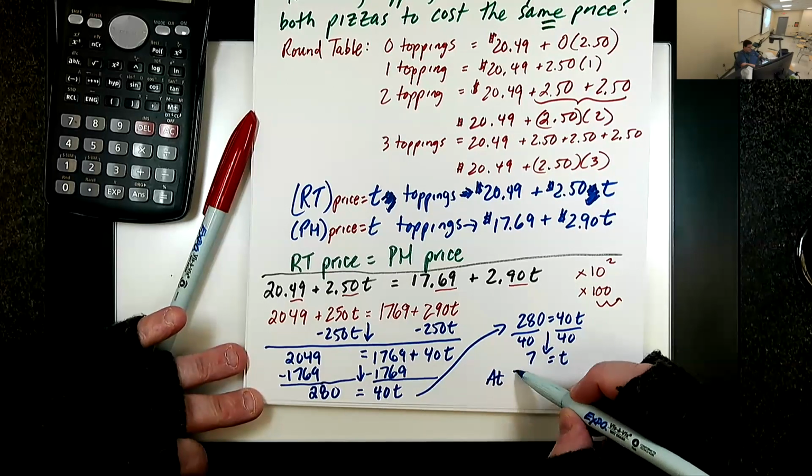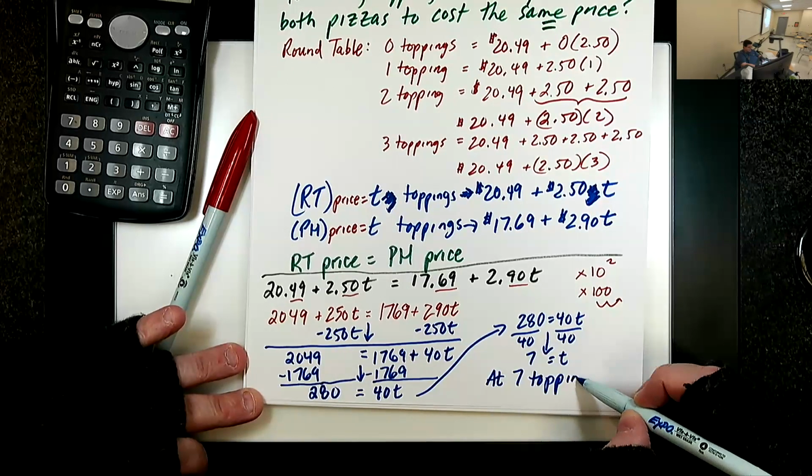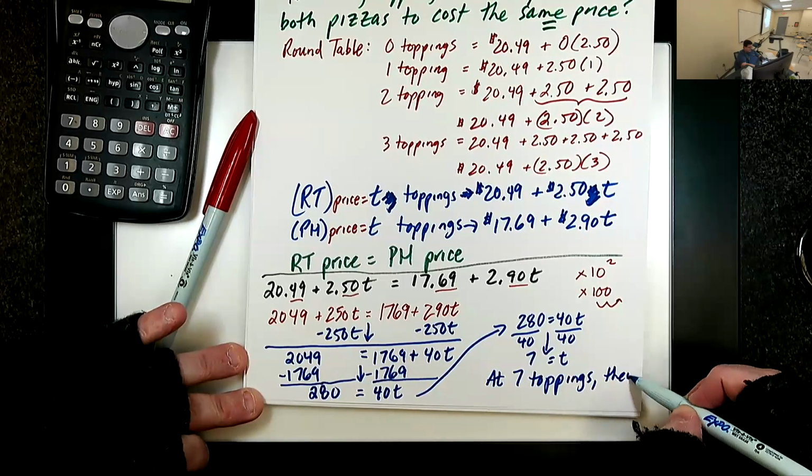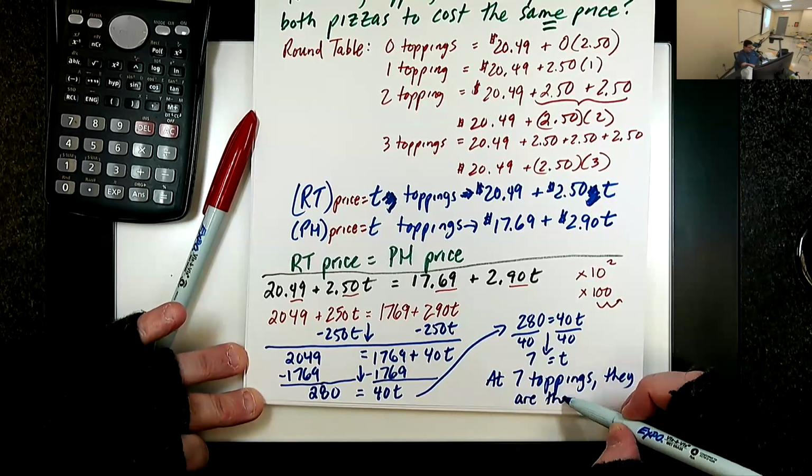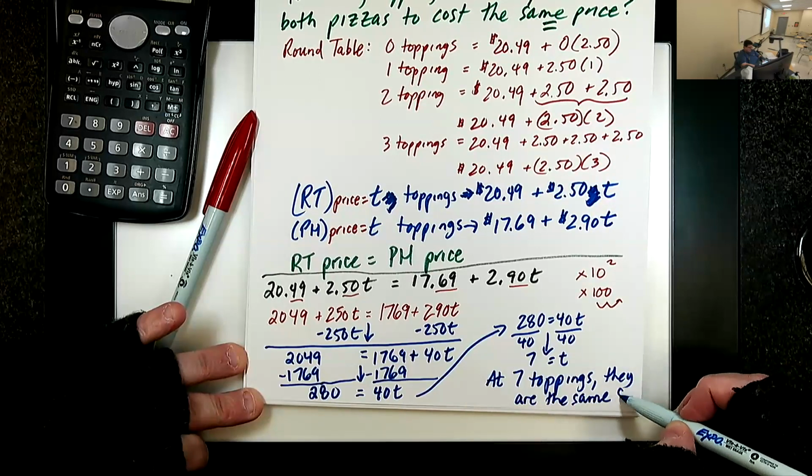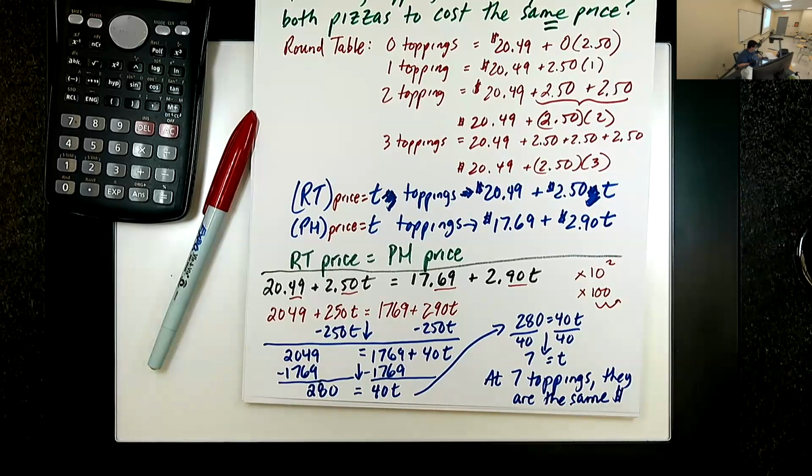At 7 toppings, they are the same price. Any questions?